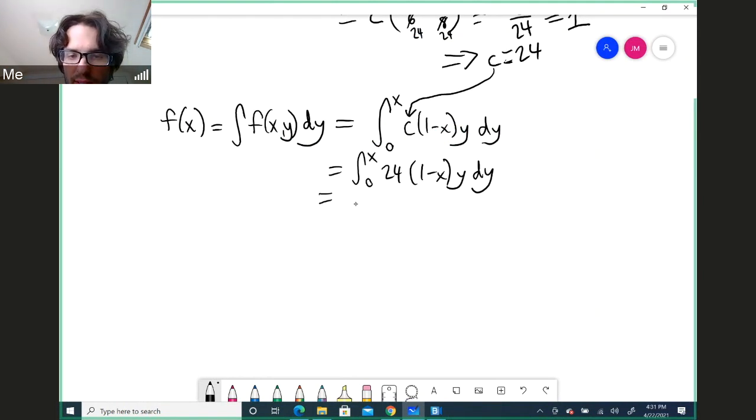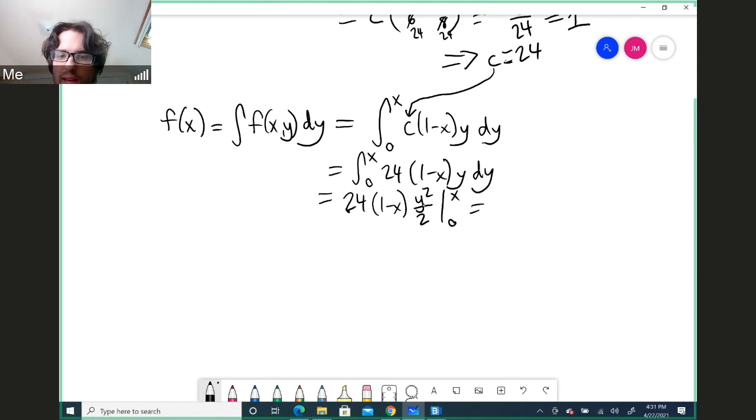So that gives us, let's see, we keep the 24, and we keep the 1 minus x, and then the y becomes y squared over 2. And we do this from 0 to x, which once again, this 0 value, if you do the full math, it disappears.